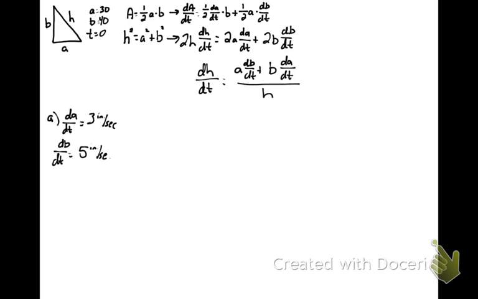So what we want to know is, what is dA dt, the rate of change of the area? Well, at this specific moment in time, we know that A is 30 and B is 40.